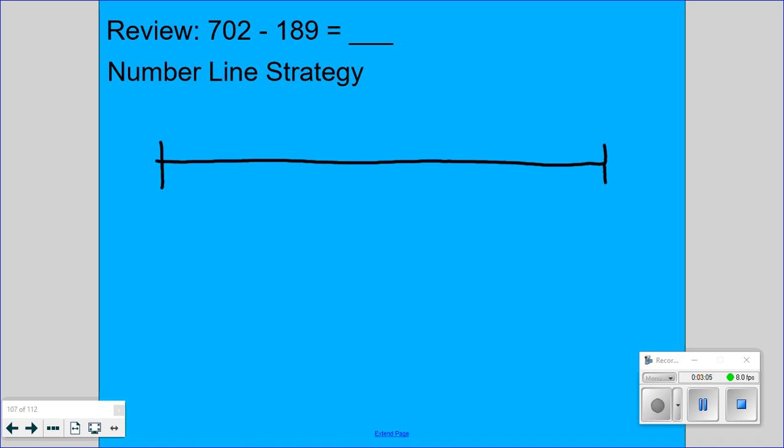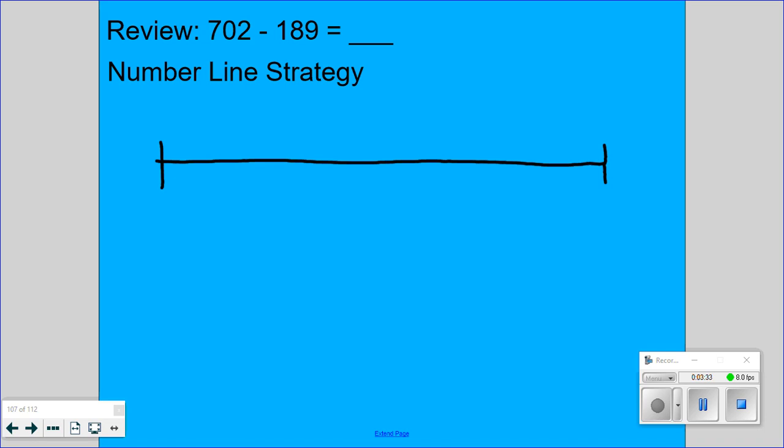Alright, the first way we read that said 702 take away 189. I'm going to show that on a number line. You're going to show it on a number line. What do I need to put on that number line in order to do 702 take away 189? I should see lots of hands because this is all stuff that you know.